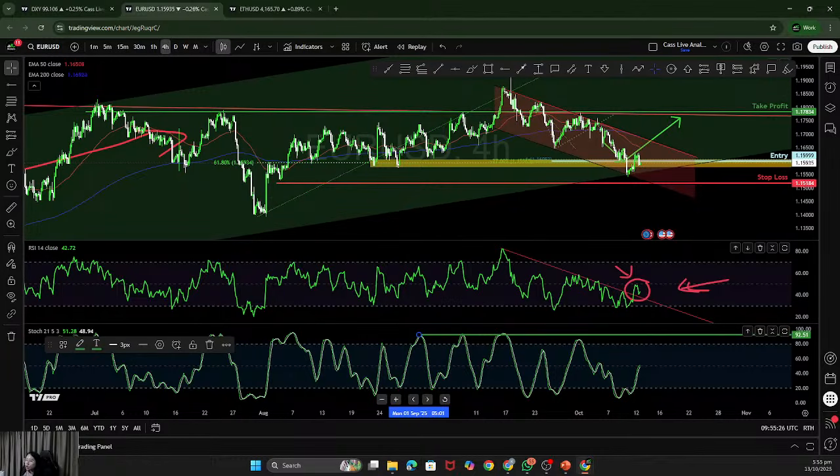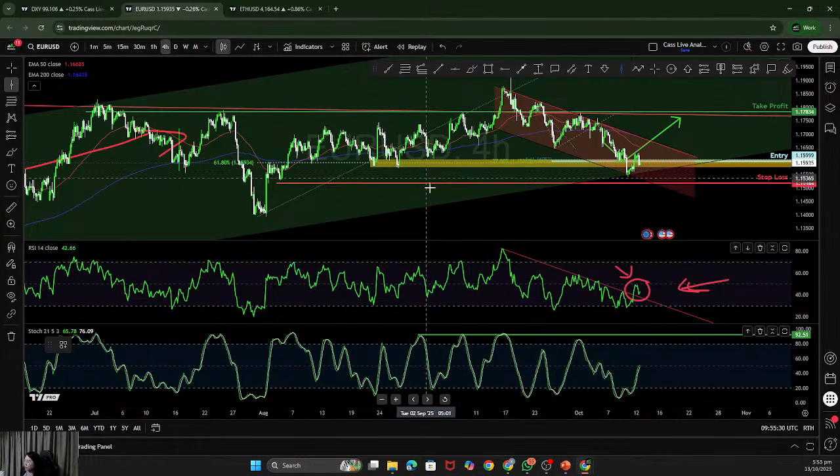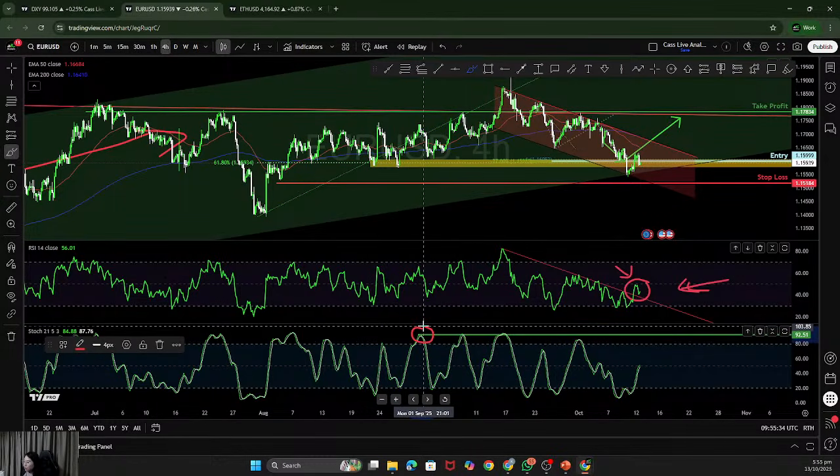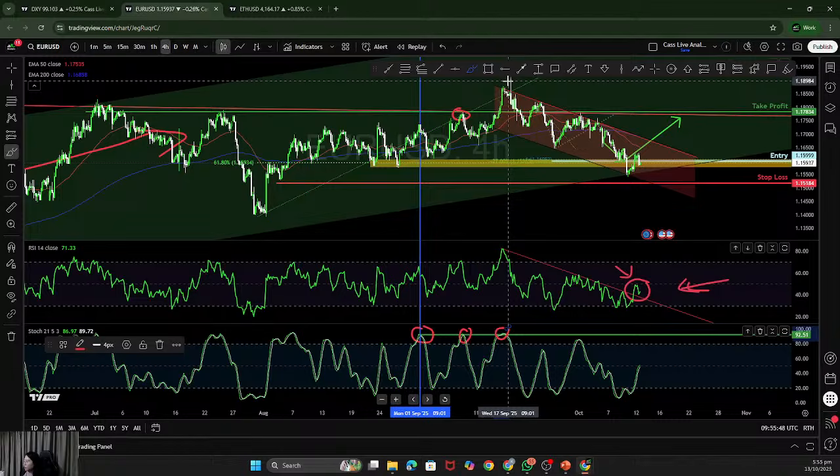If you guys see on the charts, follow me, look at the horizontal levels. Every time price reaches a resistance on the charts, here on stochastics, it's also making a mini high. Every time it reaches here, then it makes a high.